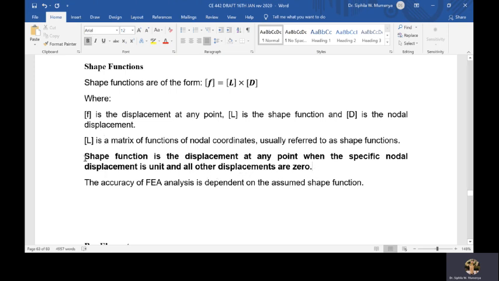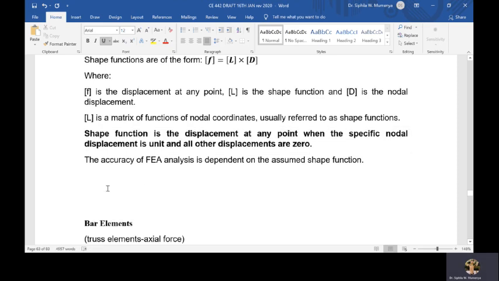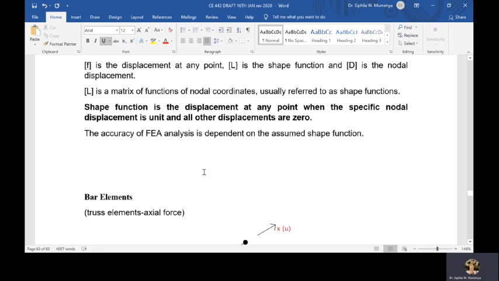So let me repeat that again. Shape function is the displacement at any point when the specific nodal displacement is unit and all other displacements are zero. Okay, so the accuracy of finite element analysis depends on the assumed shape function.